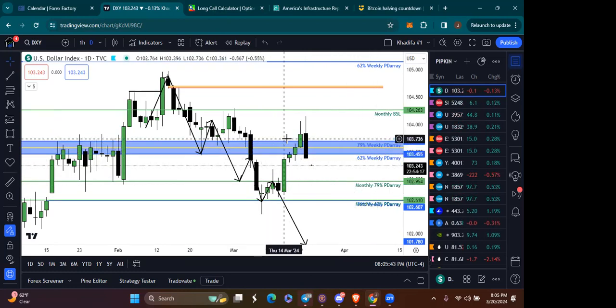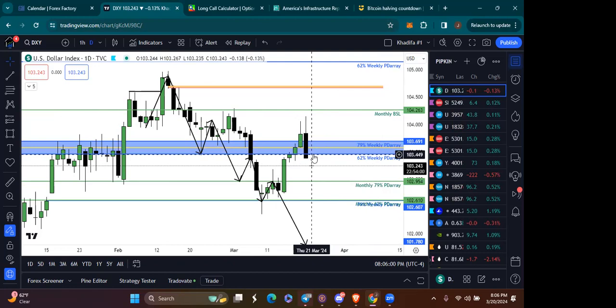I told you guys that if we broke above it aggressively and closed above it, then I would like to see us come back and retest these PD arrays, the area within them.